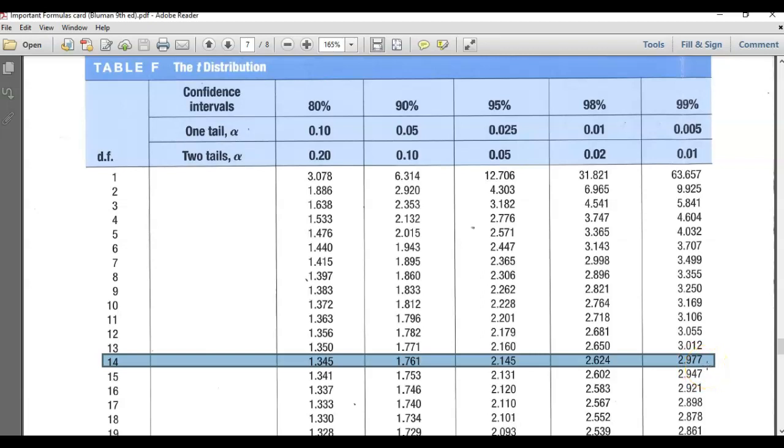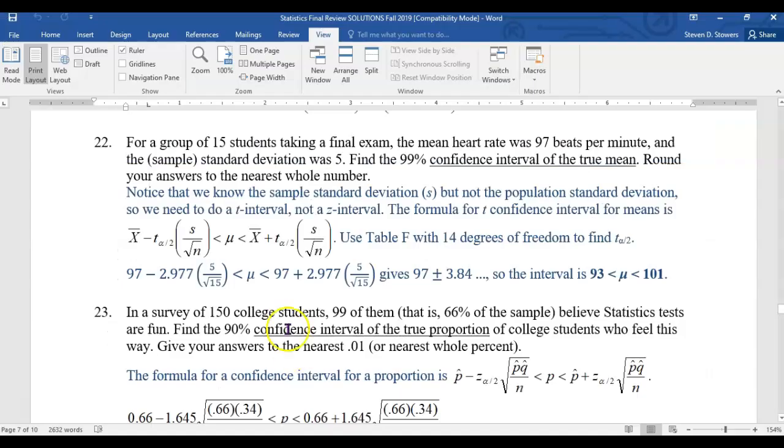So that is what we would be using for our t sub alpha over 2. So with everything put into the formula, 97 minus to 97 plus 2.977 times 5 over the square root of 15. I did say to round your answers to the nearest whole number, so it came out to be about 93 to 101.